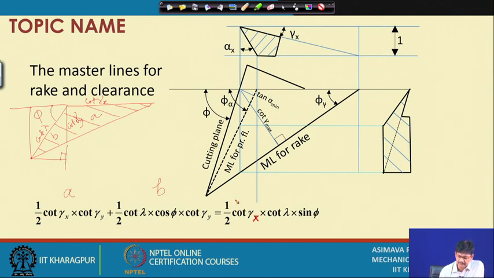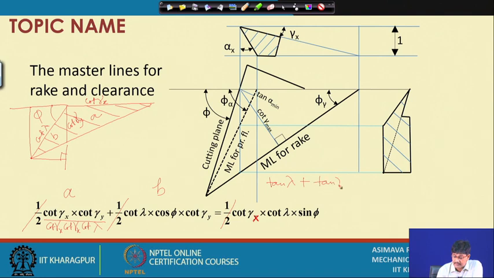So, first of all, half cancels out. If half cancels out and we divide it by that thing, we get from here cot lambda cot gamma x. So, we are dividing this by cot gamma x, cot gamma y, cot lambda, all of them. So, here only cot lambda will survive and I write tan lambda here because it is in the denominator. So, in the numerator I write tan lambda plus here cot lambda will vanish, cot gamma y will vanish and we will only have tan gamma x surviving.